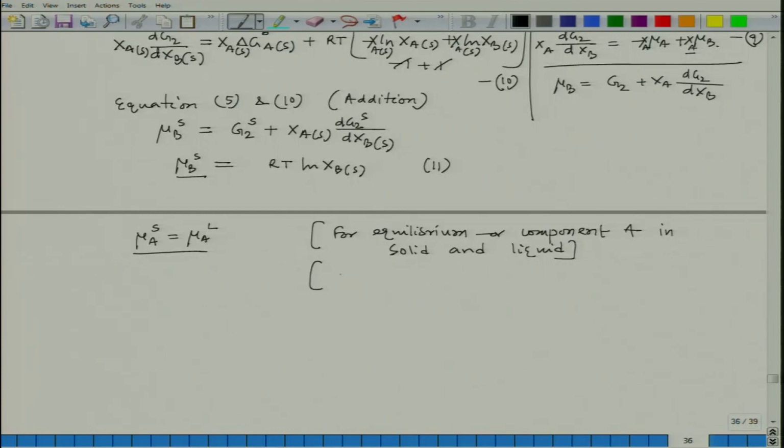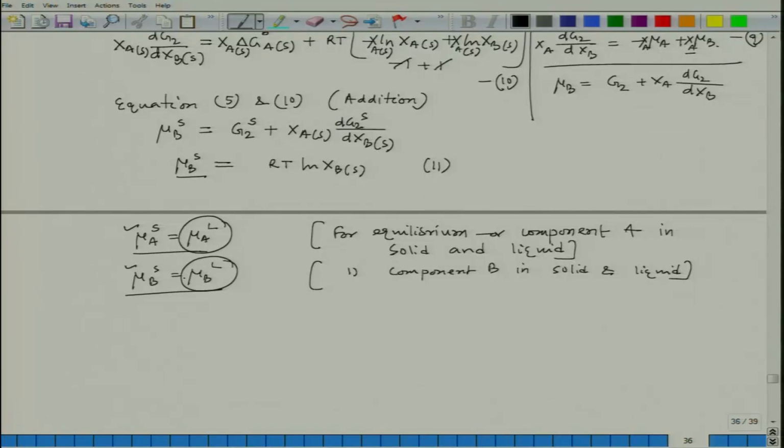Now, for equilibrium same of component B in solid and liquid, it will be mu B solid equal to mu B liquid. And we have calculated these two quantities, we have to calculate this as well as this. And for this we have to make use of G2 of liquid solution.